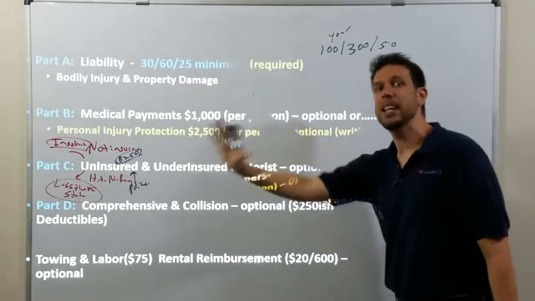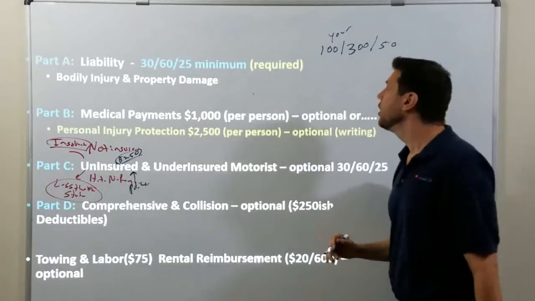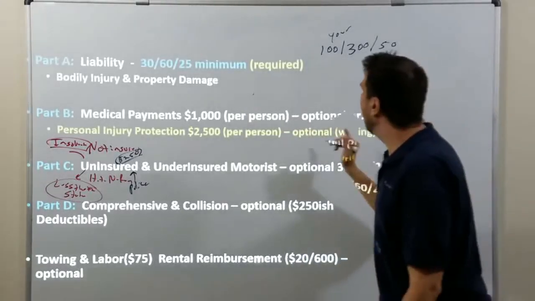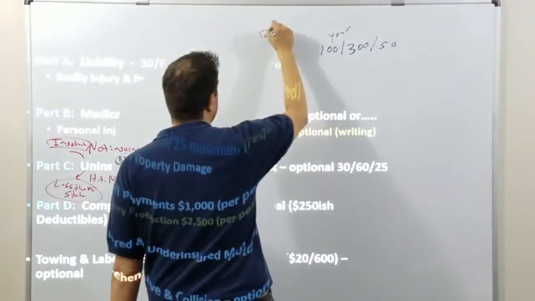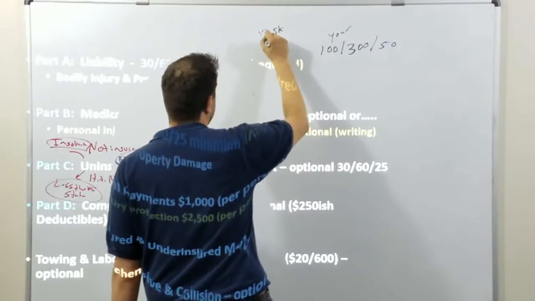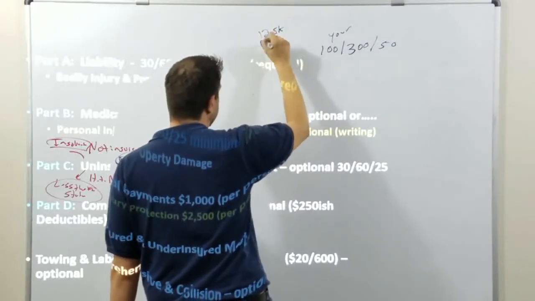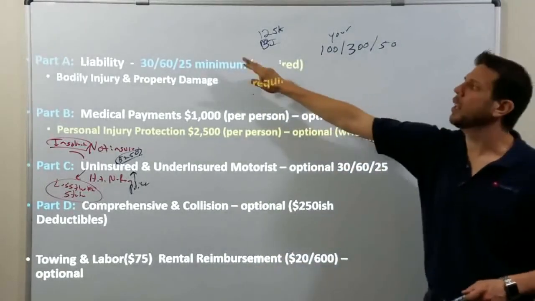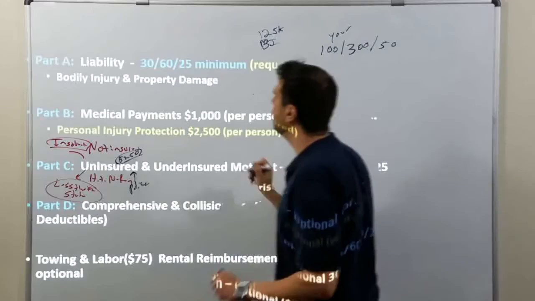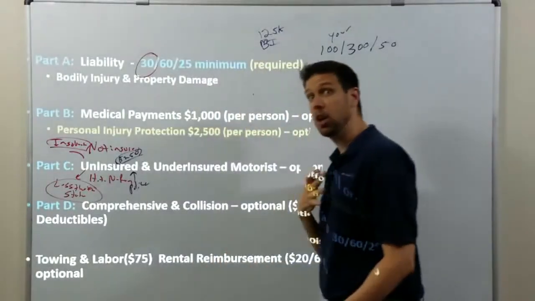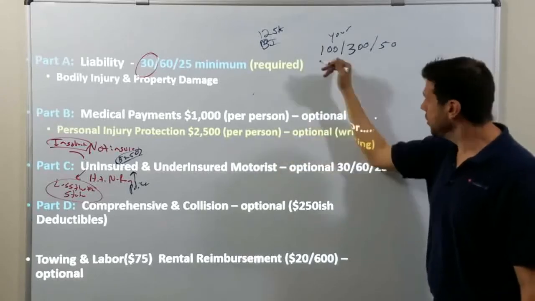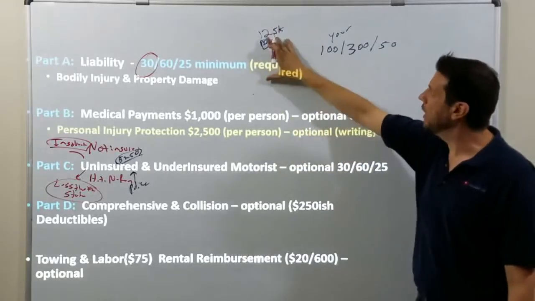And I hit you. So I have state minimum, you have decent insurance. I injure you for $125,000 in bodily injury, so like medical bills. My policy is only going to pay you $30,000, because that's all I have.